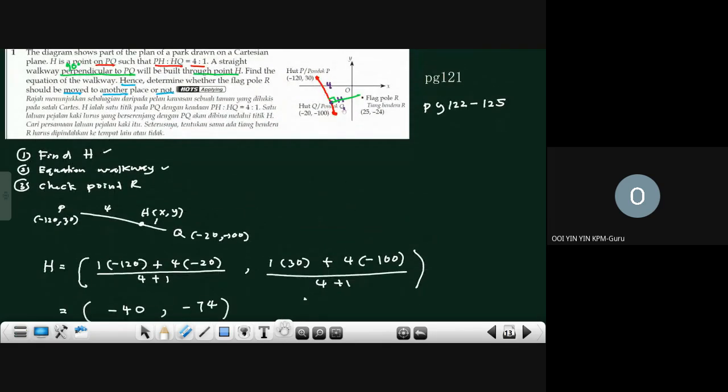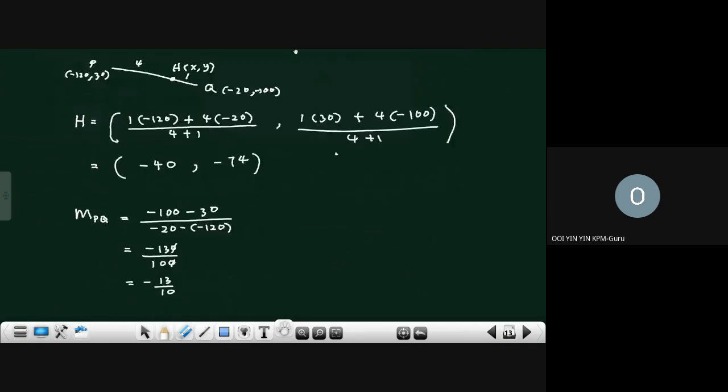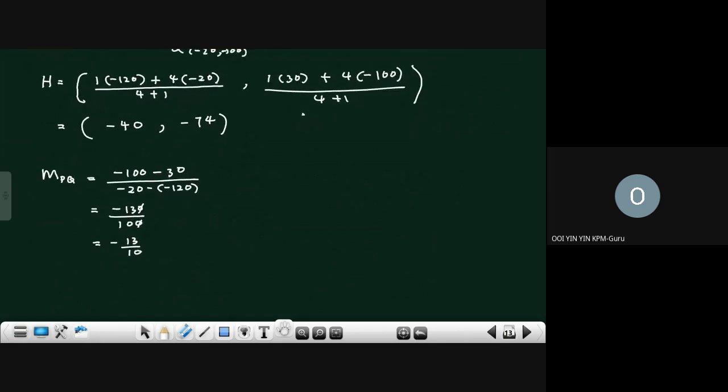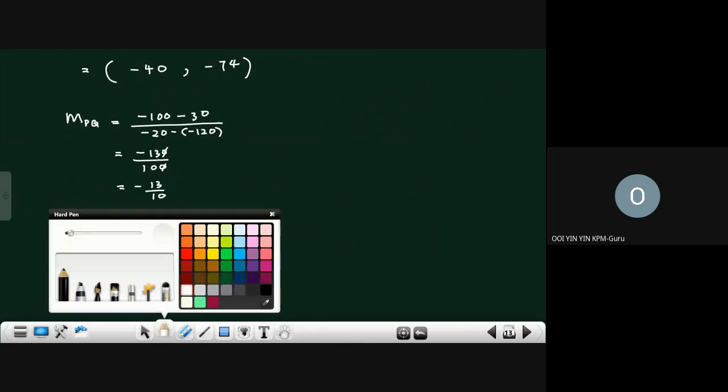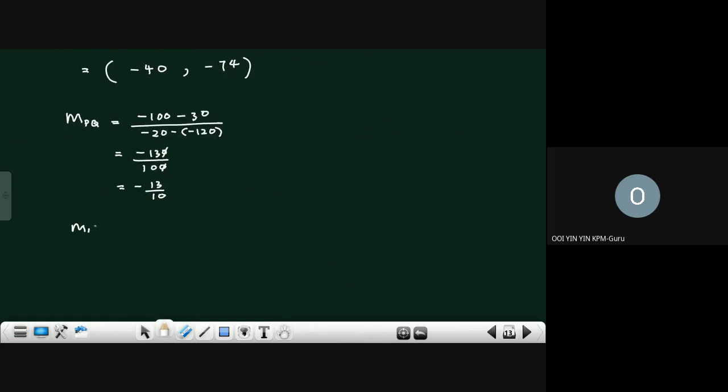Your PQ line, but we want the green color. Green color is perpendicular. Do you still remember when two lines are perpendicular, what are the gradients? You still remember the formula that we learned just yesterday, which is that for two lines that are perpendicular, your M1 multiplied with M2 will give you negative 1. So now if I want to find my M, M1 is your MPQ that you got just now, and M2 is the one that we want to find, our MH. We can write a short form like this, MH.